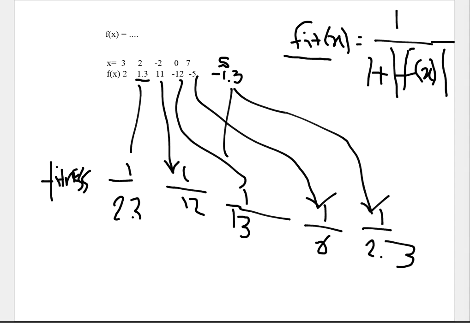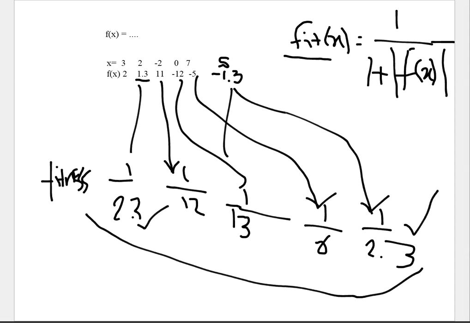Which of these fitness values is highest? Both this and this, because the denominator is lower. These two elements have the highest fitness.